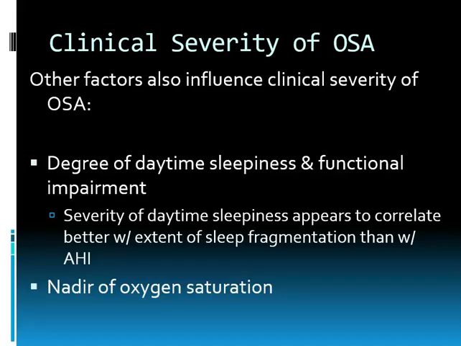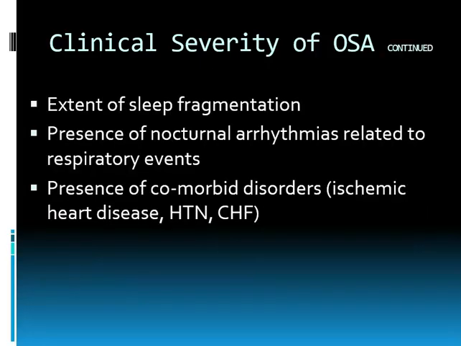So they might have an AHI in the mild or moderate range, but if their oxygen is dropping severely and it's staying hypoxemic, or there's just not a lot of recovery in between events, that really bodes to a more severe clinical picture. We want to see how much they're waking themselves up, so the extent of the sleep fragmentation.